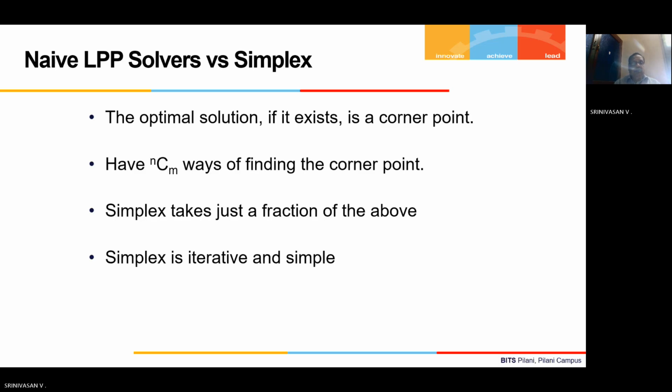Now, the optimal solution, if it exists, is a corner point, which we already discussed. There are nCm ways of finding the corner points if there are m equations in n unknowns. Simplex takes just a fraction of that. It is iterative and simple.